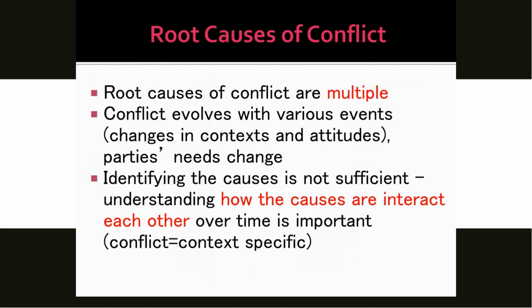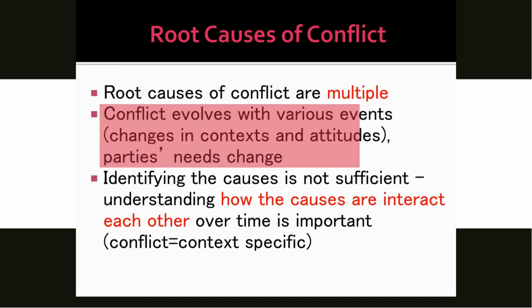As time goes, more causes appear, and it evolves over time. And what is important is that identifying one particular cause is not sufficient. Understanding how the causes interact with each other over time is important. So that is why we say conflict is context specific.